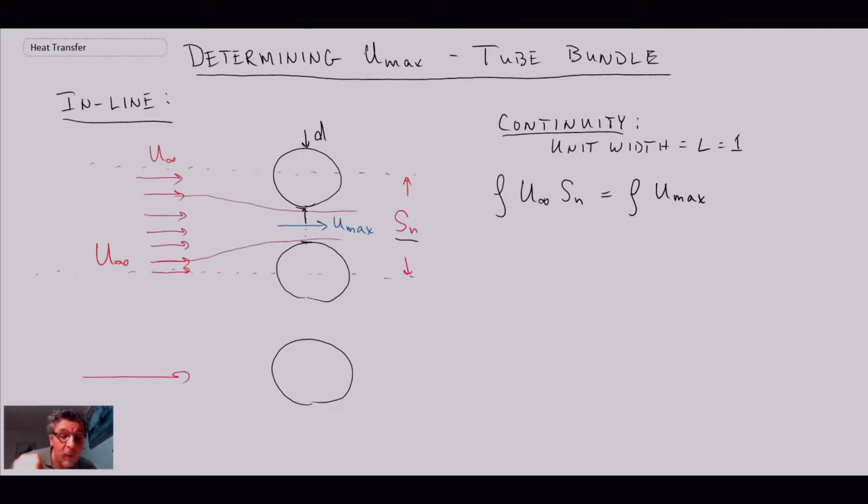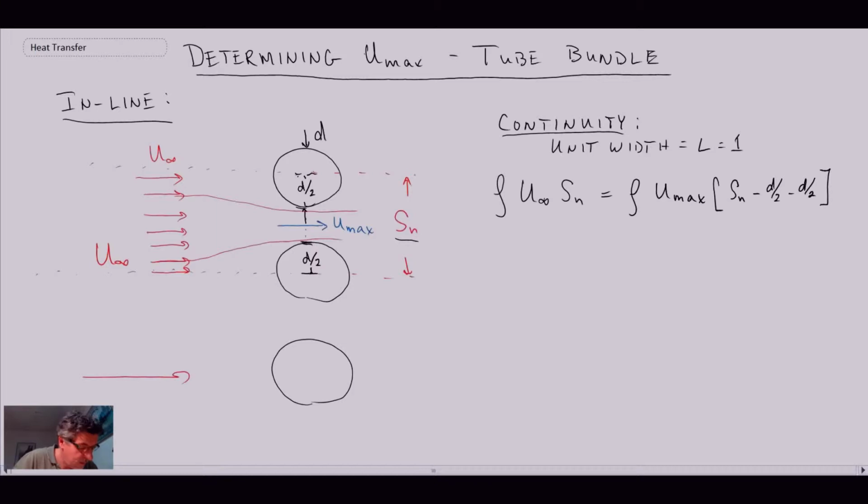On this side, we have d over 2, that would be this distance, and then here we have another d over 2, that would be that distance. So I'm looking at half of the cylinder. So we have Sn minus d over 2 minus d over 2, which just turns out to be Sn minus d.